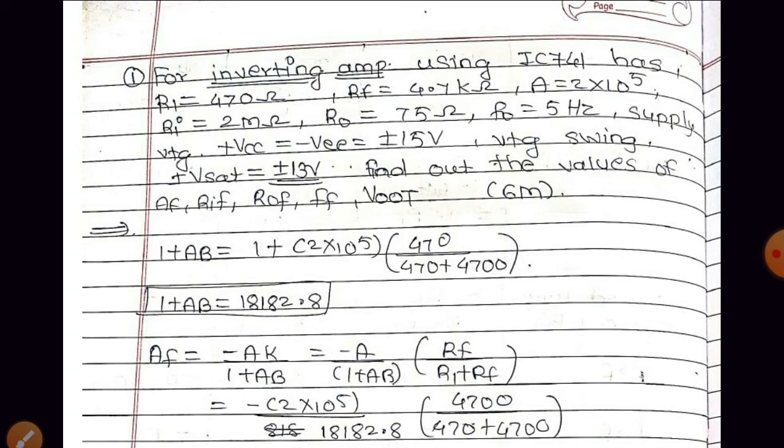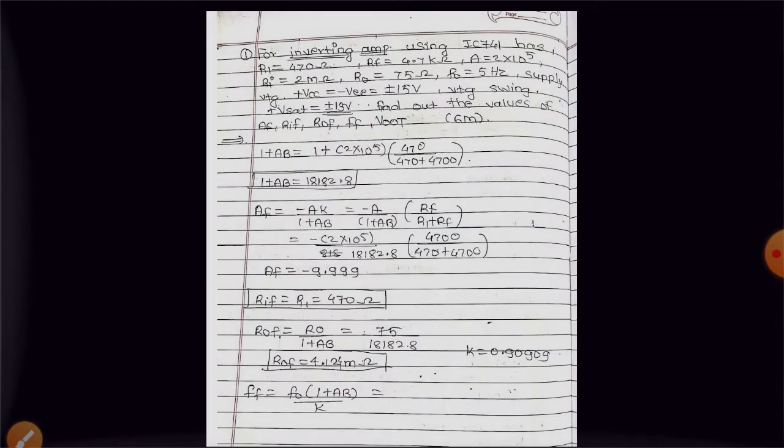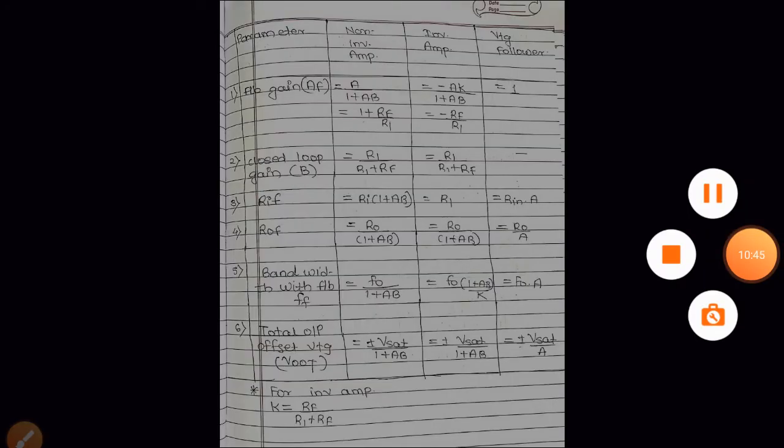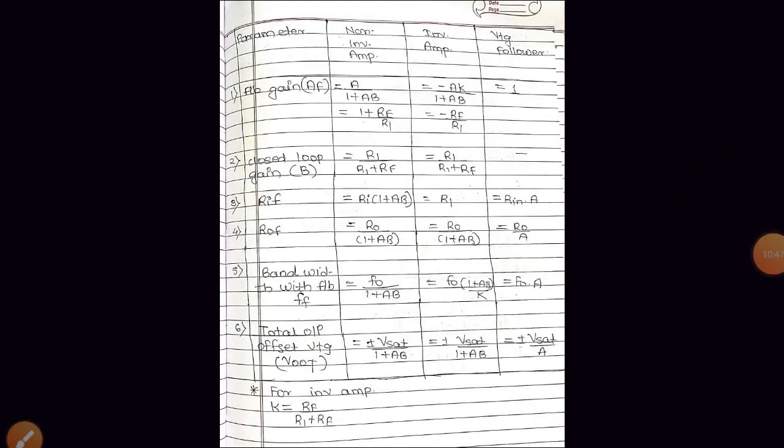All these parameters are given. You have to put the values in the formula and you will get the answer. What is important here? Remember this table for solving the numericals based on the operational amplifier. It is very important. Thank you.